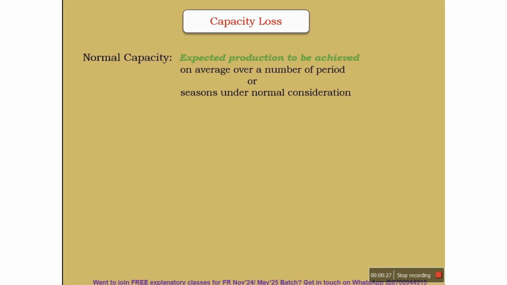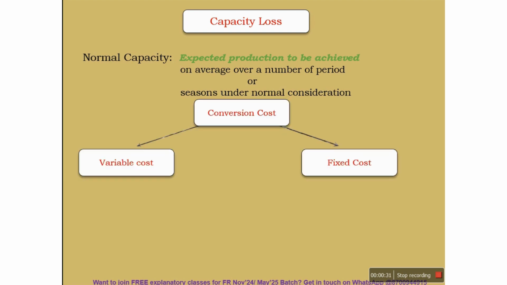When we look at the conversion cost, we can divide it in two parts. One is the variable conversion cost, another is a fixed conversion cost. In case of variable conversion cost, all the variable conversion cost will be loaded on the inventory irrespective of the level of capacity achieved by an entity. But the capacity loss concept arises in case of the fixed conversion cost.